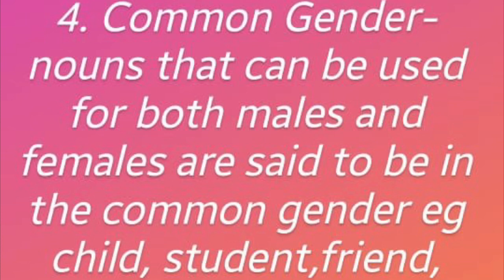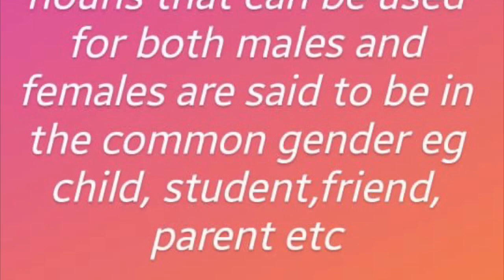Examples can be child, student. Now whenever I am pointing to a student, it can be a female student or a male student. Okay, so student, friend, parent, etc. Right? So this is how we categorize the nouns in these 4 categories. Okay, so I hope that this is clear to you all.